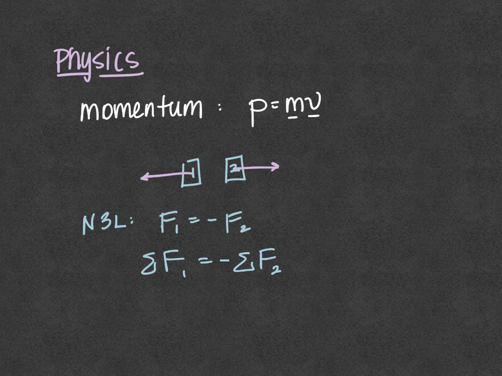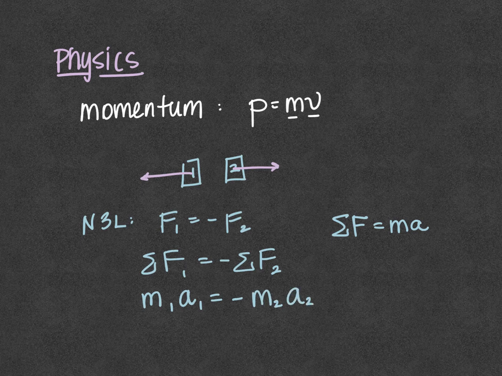Now, if you remember, our net force is equal to m times a. So in this case, this would be mass 1 times a1, and that will equal negative mass 2 times a2.